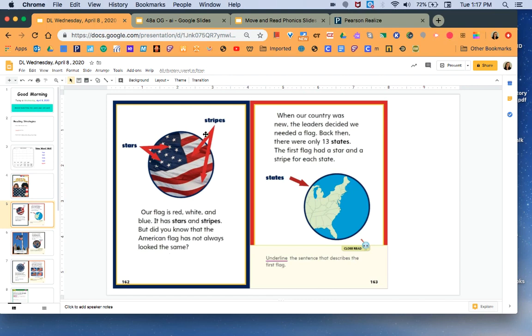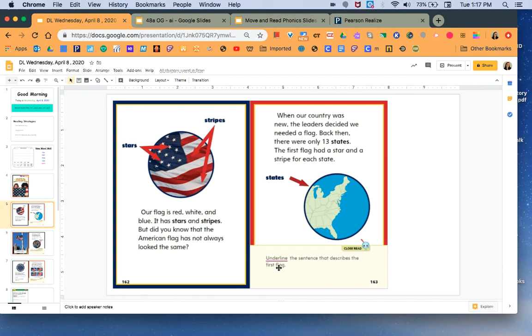Let's go to those captions up here. Stripes and stars. When our country was new, the leaders decided we needed a flag. Back then, there were only 13 states. The first flag had a star and a stripe for each state.